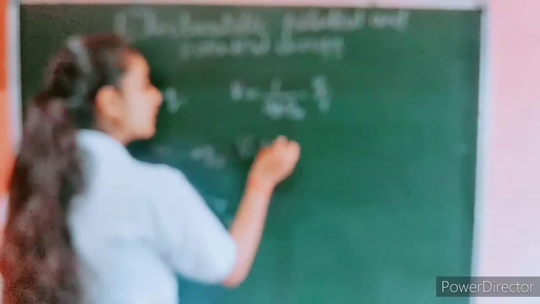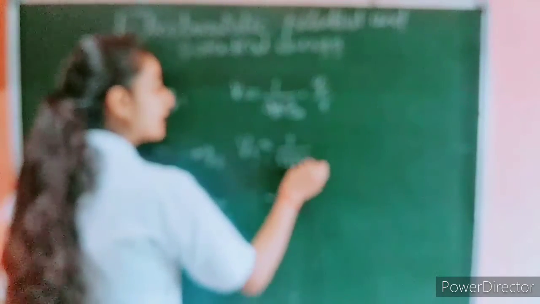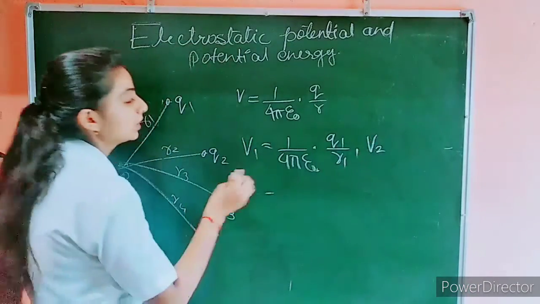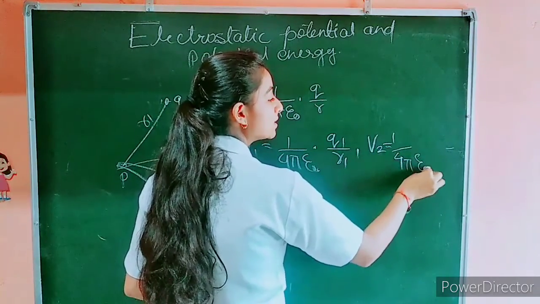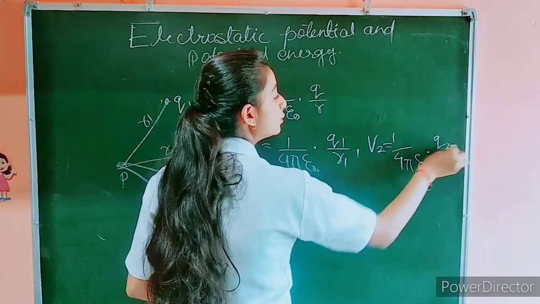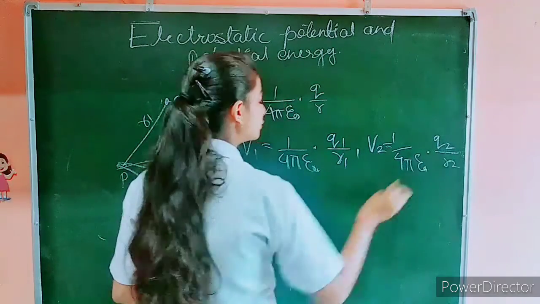So we will use the principle of superposition. V1 is equal to 1 upon 4 pi epsilon 0 into Q1 upon R1. We calculate the potential at every point due to Q1, Q2, Q3 and Q4. For potential V2, it is 1 upon 4 pi epsilon 0 into Q2 upon R2.